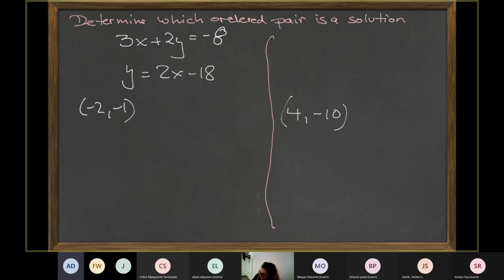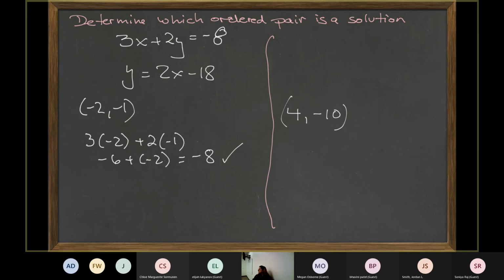(-2, -1), we're replacing the x with -2: 3 times -2 plus 2y, and we're replacing the y with -1, is that -8? So we do the arithmetic, -6 plus -2. Guess what? That indeed is -8, so the top one checks. But we still don't know what the answer is because we have to check both of them. Y equals, in this case, y is -1.